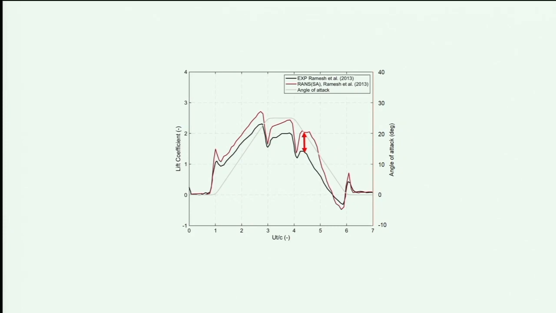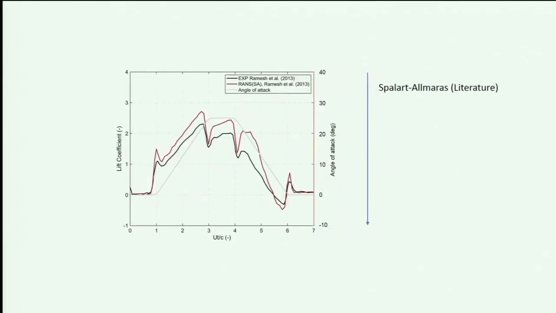So what we want to do is to explore a more sophisticated numerical method to explore this physics. The first thing we want to do is we still use RANS, but we add a transition model, the second thing we do is large eddy simulation, and the third thing we do is, of course, direct numerical simulation.